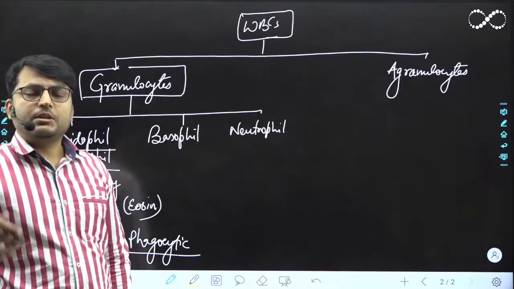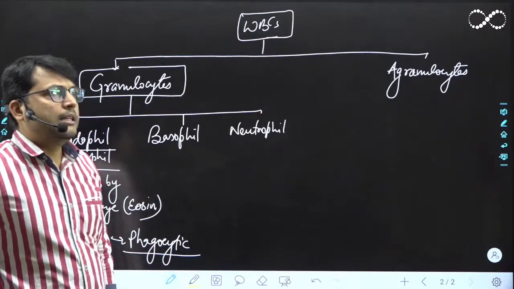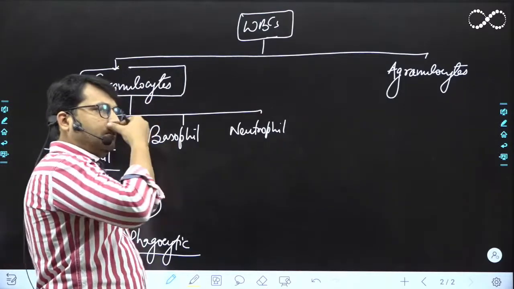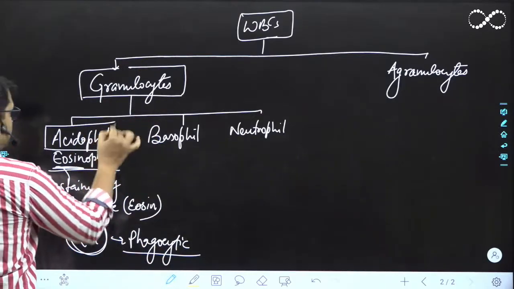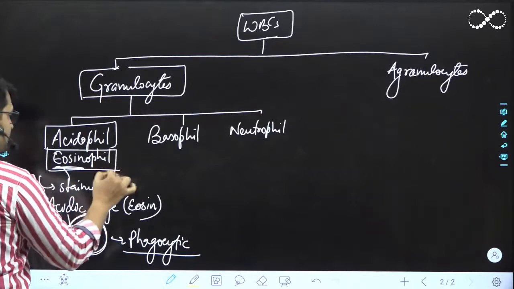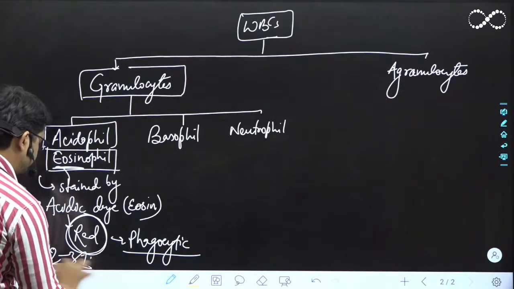Okay. Now, what is the percentage of acidophils in the WBC? Yes, these things were in your 9th biology. If you remember, then nothing like that, but unfortunately most of the students don't. Mostly it is around 2 to 3%.